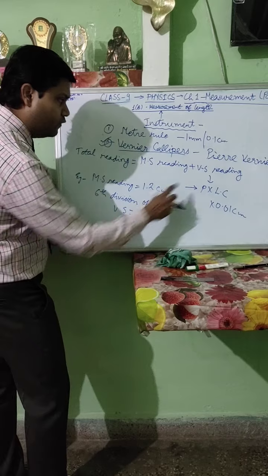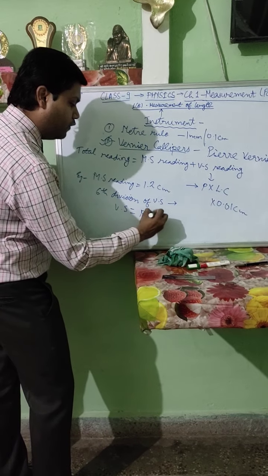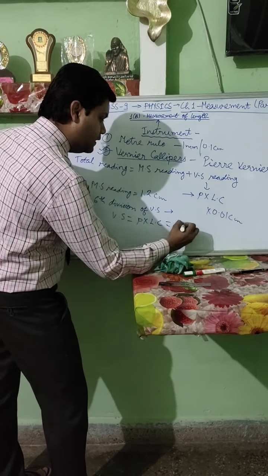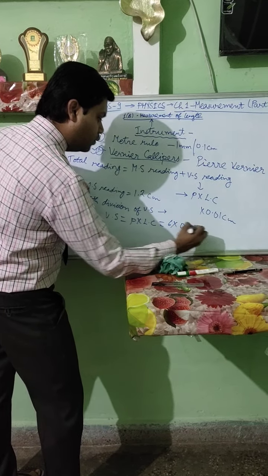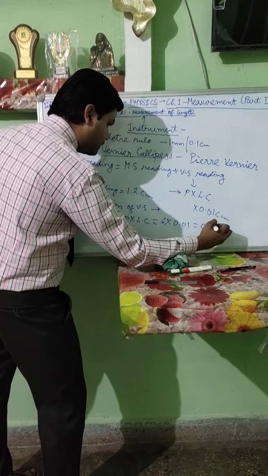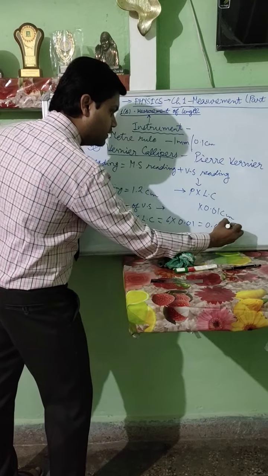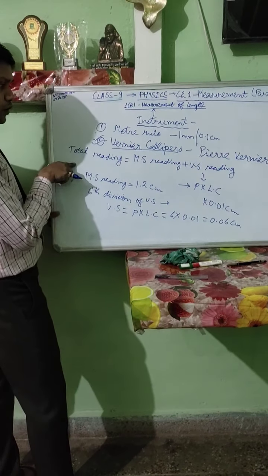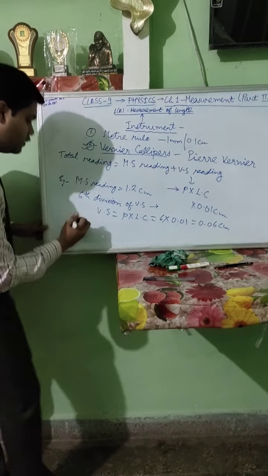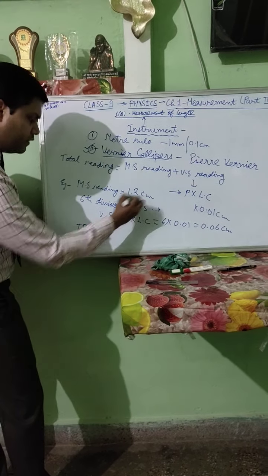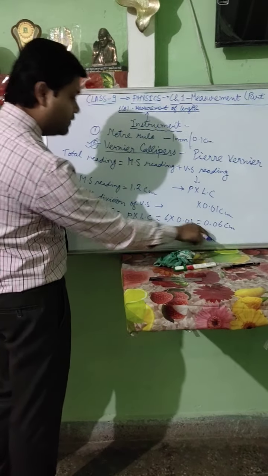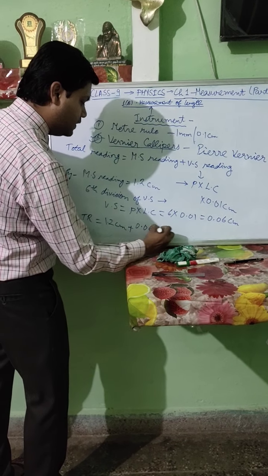Then what will be the reading of vernier scale? For finding out vernier scale reading, we will be using the formula P into least count. P, that is 6, least count 0.01. So it will be 0.06 centimeter. For total reading, main scale reading plus vernier scale reading: main scale reading is 1.2 centimeter, and vernier scale reading is 0.06 centimeter.